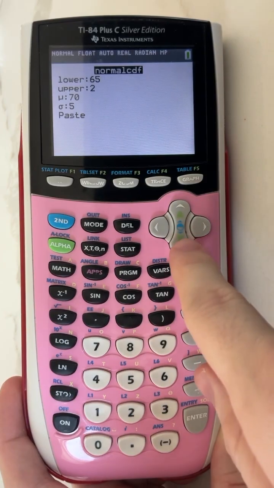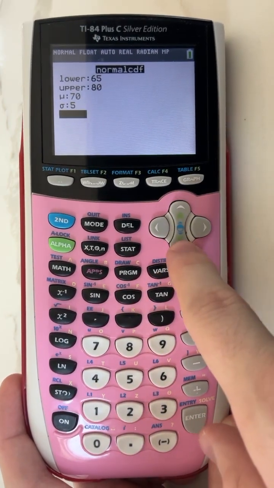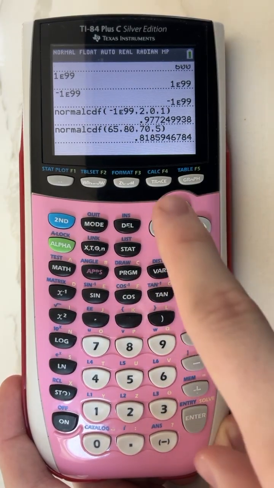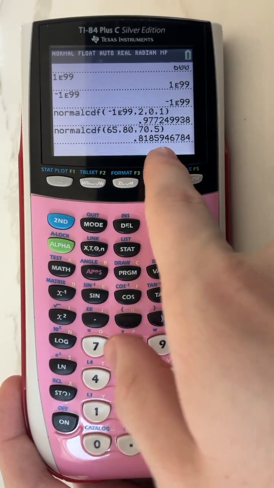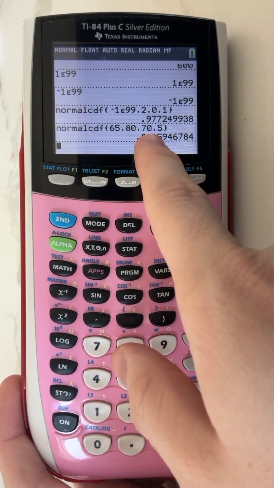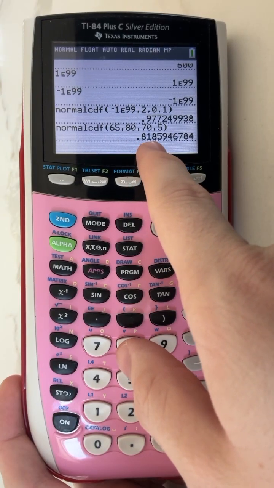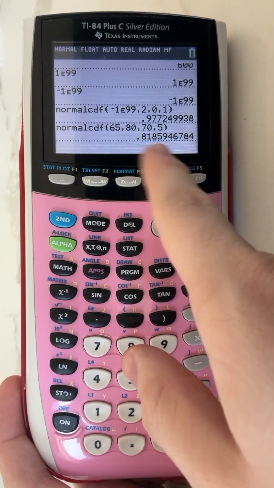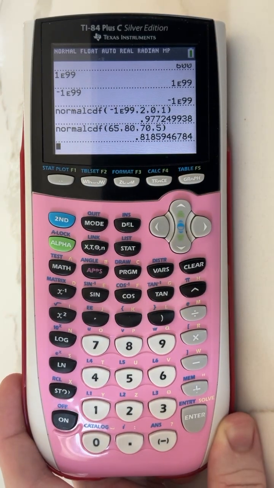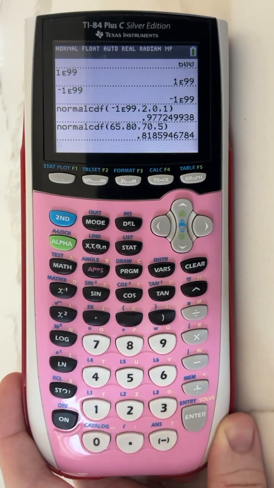Well then, we'll put 65 as our lower and 80 as our upper, and then we'll go down and paste, and we'll hit enter twice. So here, the probability that a person is between 65 and 80 inches, if the average is 70 and standard deviation is 5, is 0.81859 and so on. So about 81.9% of people are between 65 and 80 inches if that's the data we're using.